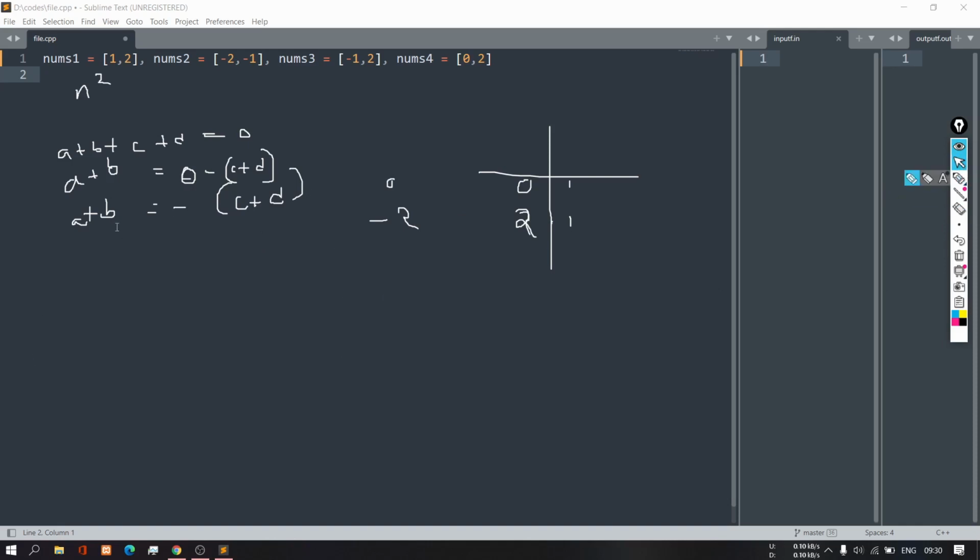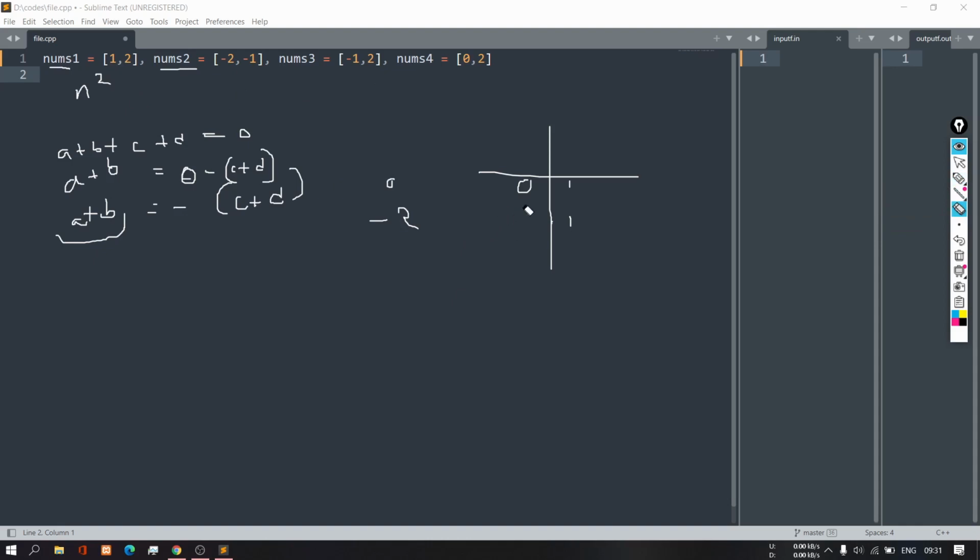So I think you can get an approach like what you have to do. We will try to make one combination. Suppose we make the A plus B combination, and we will try to find minus (C plus D). I will take num1 and num2, you can take any of them, and I add them and put them into our map.